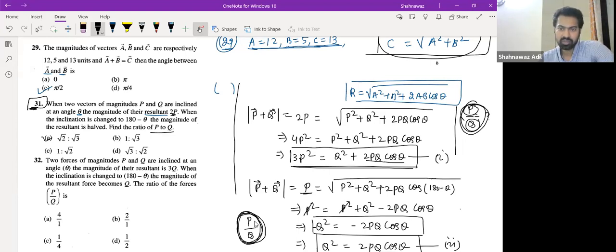Whenever you guys need me to scroll down the screen, please tell me. So Akib did this 29th problem and Rishita did 31. Yasir, the time is already over. So this is exactly the same question as this one.